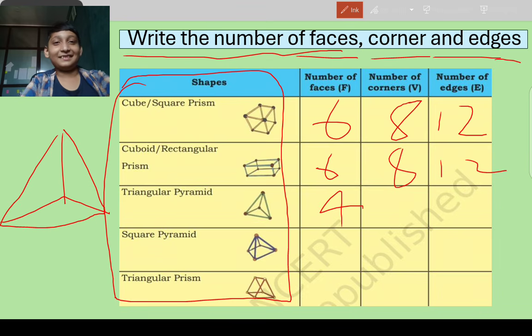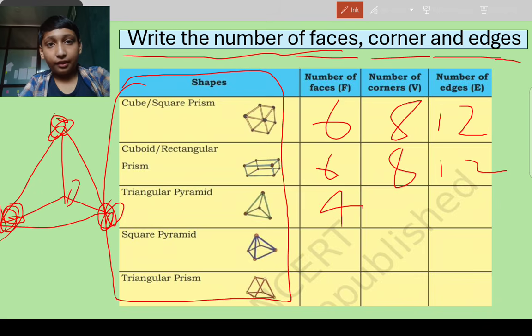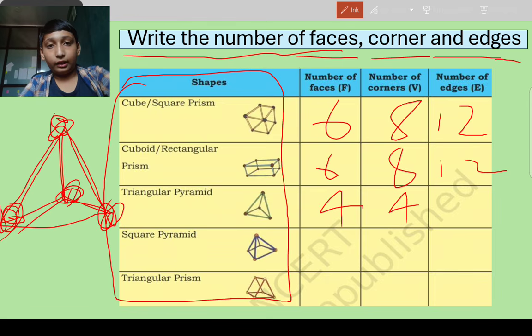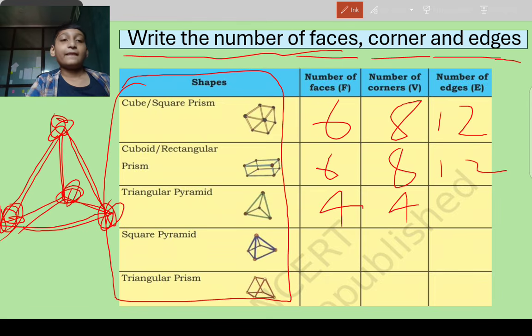Then there is 1, 2, 3, and 4. Do you remember the similarity? Yeah, it's again 4. And then there are 1, 2, 3, 4, 5, 6 edges in a triangle pyramid. Yes.